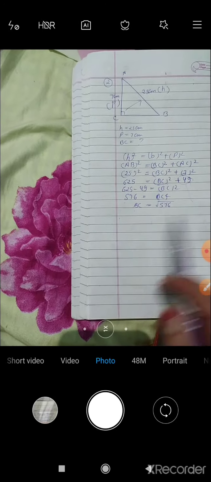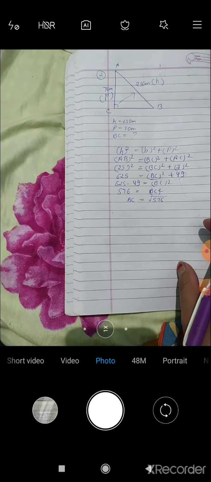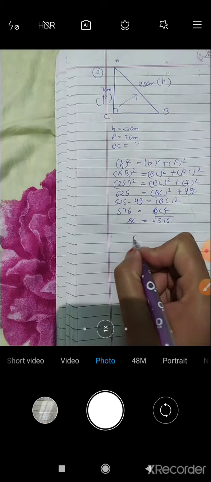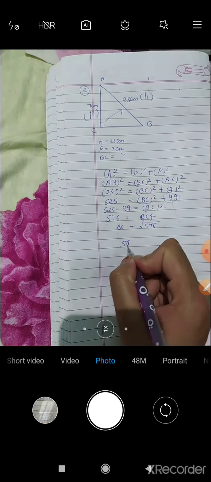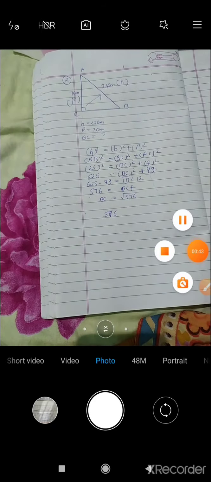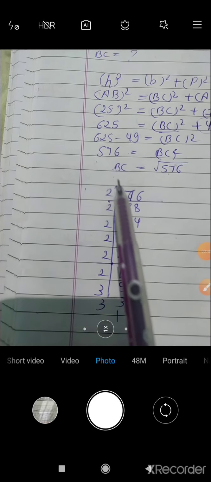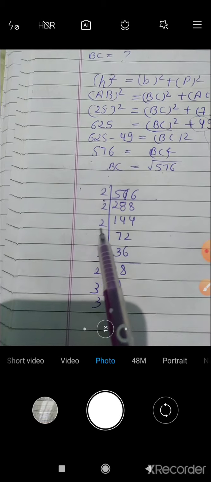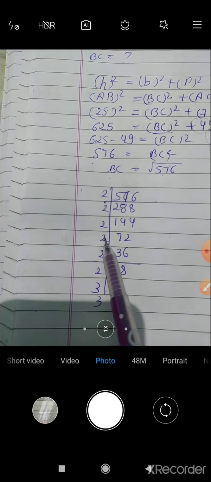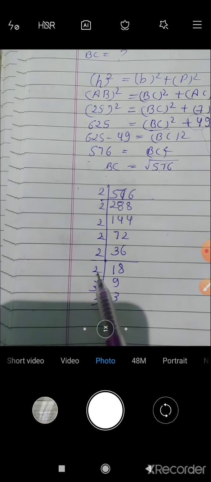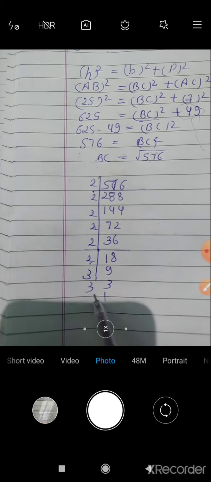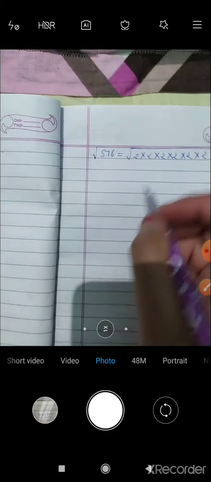For this we have to calculate the square root of 576 by the prime factorization method. After factorizing 576, we have 2 multiplied by 2 multiplied by 2 multiplied by 2 multiplied by 2 multiplied by 2 multiplied by 3 multiplied by 3. Our next step is making pairs from this factorization.